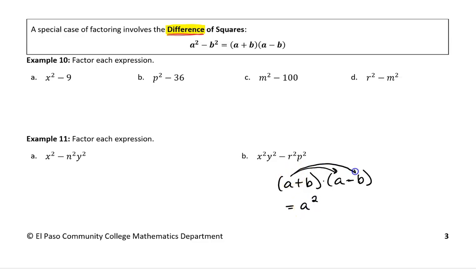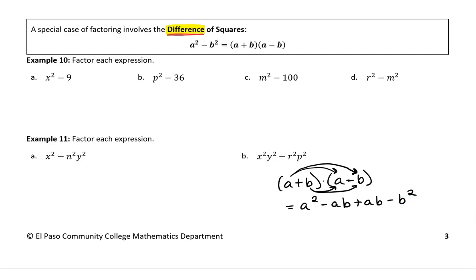I would do the outside: a times negative b would be a negative ab. Then I could do the inside: positive b times a positive a is a plus ab. And then I would do the last terms: positive b times negative b would be a negative, and b times b is b squared.